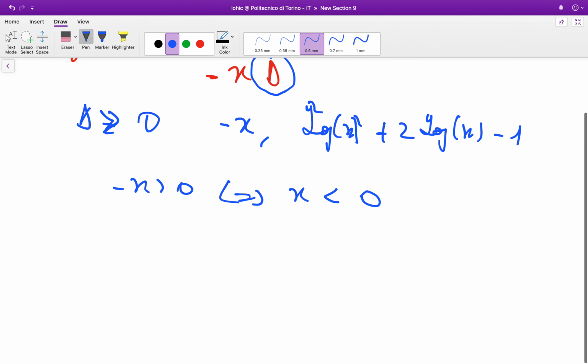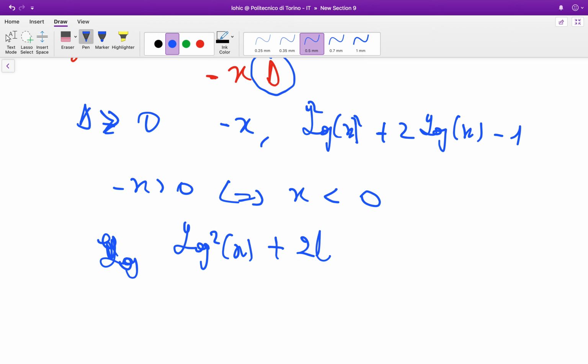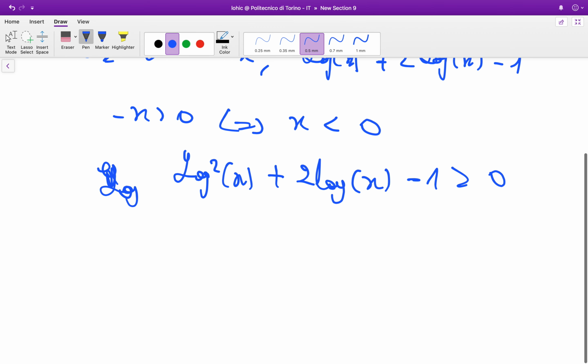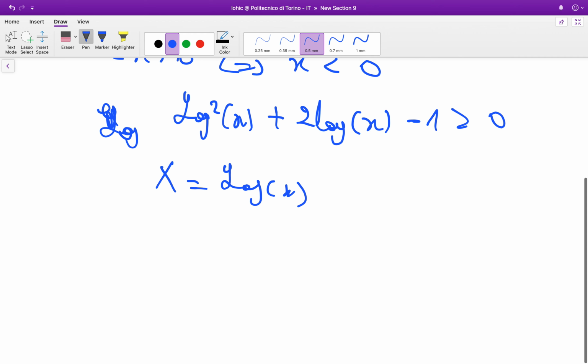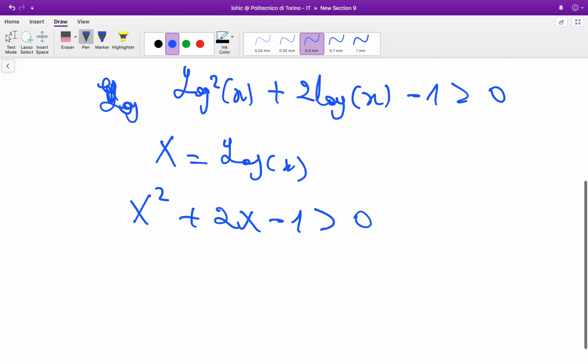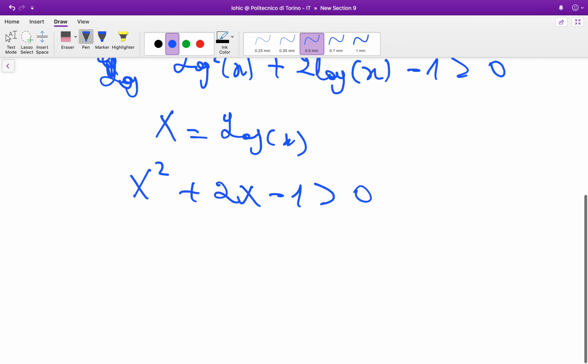Now we need to find where log square of x plus 2 log of x minus 1 is greater than 0. We need to solve this. Once more, we set big X equal to log of x, and thus we get the inequality X squared plus 2 big X minus 1 greater than 0. To solve this, we need to find the roots.